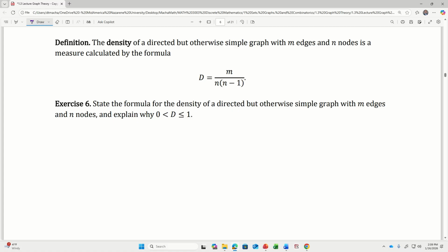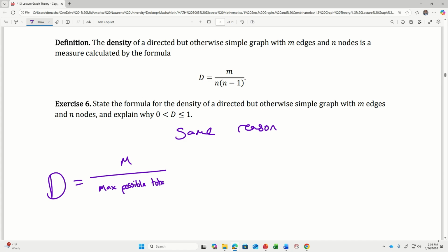You can have an edge going that way and an edge going that way. Twice as many edges, right? So same reason. But now when I divide by the max possible total, that's just n times n minus 1 for a directed graph.